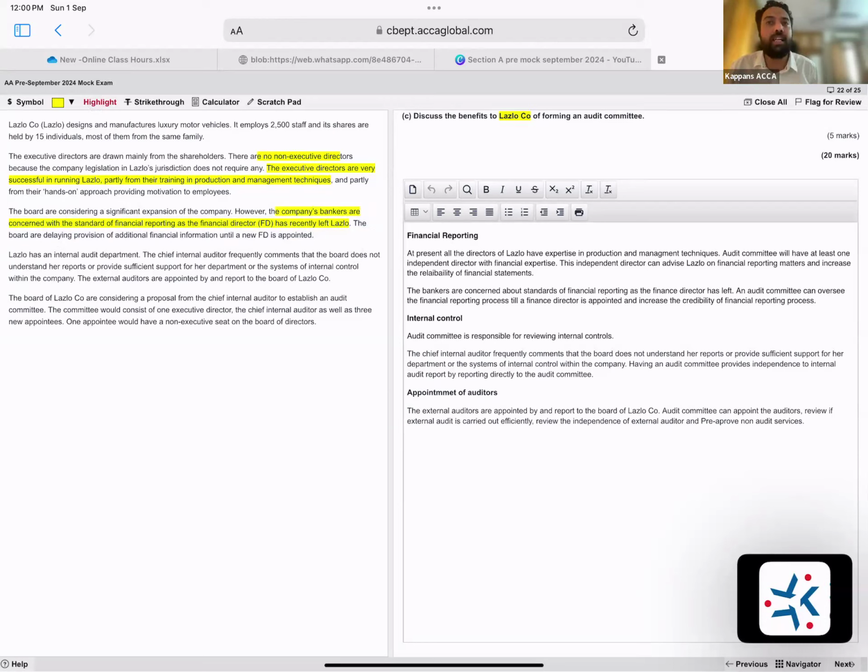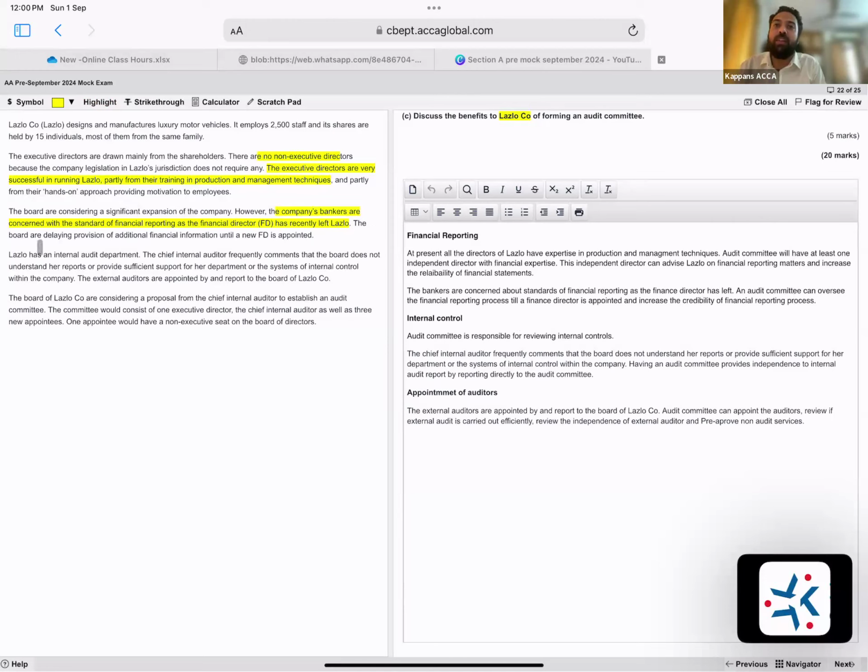You might have learned that having an audit committee increases the reliability of financial statements because they are being reviewed by independent directors and at least one of them has financial expertise. So an audit committee can oversee the financial reporting process till a finance director is appointed, and it increases the credibility of the financial reporting process.